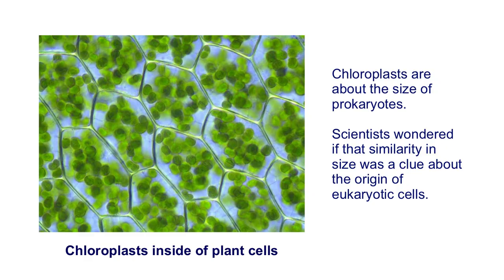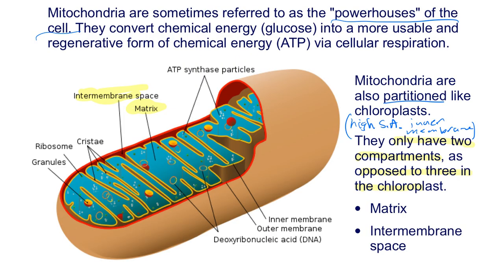Okay, here's some plant cells, and plant cells, you can see, are full of green blobs, and those green blobs are chloroplasts. Okay, mitochondria looks like a bacteria cell almost, as does a chloroplast, except it's green.